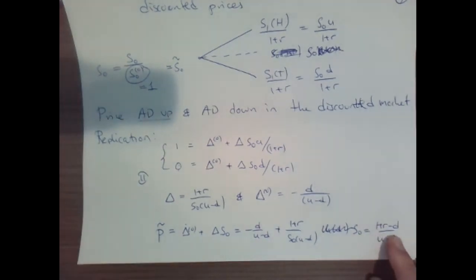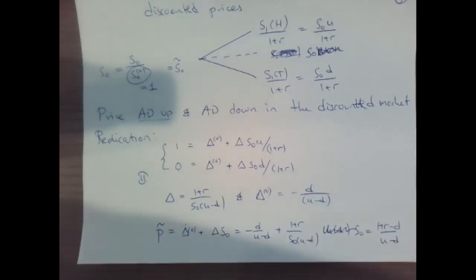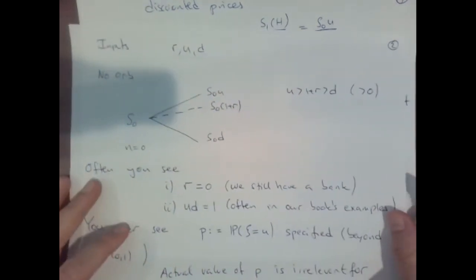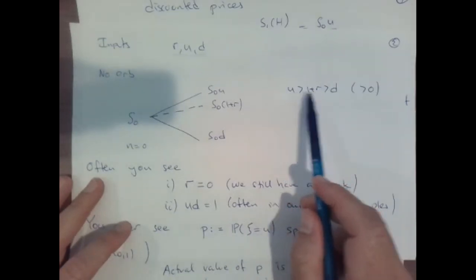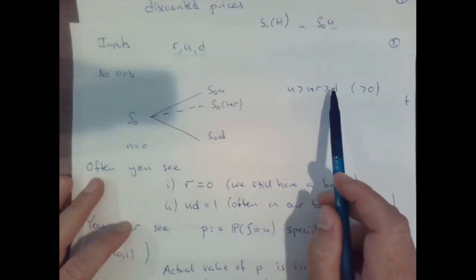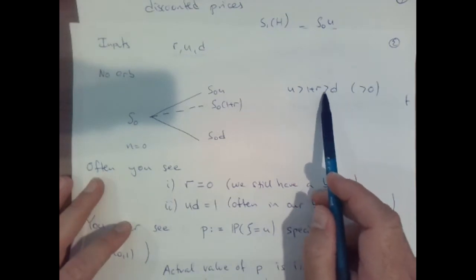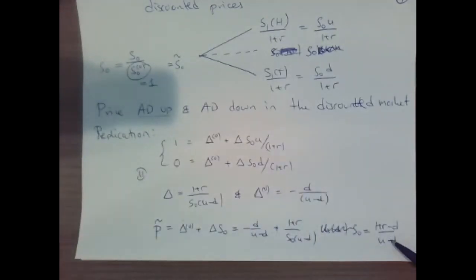That goes all the way back to the very first discussions that we had today, that u dominates 1 plus r, which dominates d. So when I move d to the other side, it's positive. So this is a positive number.